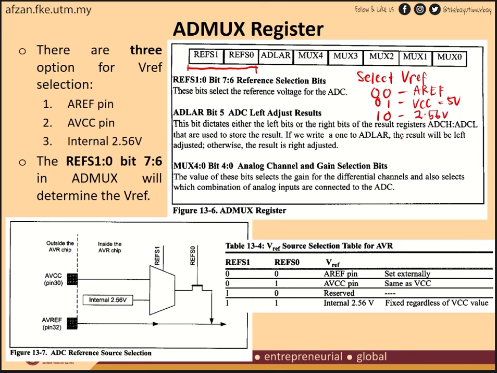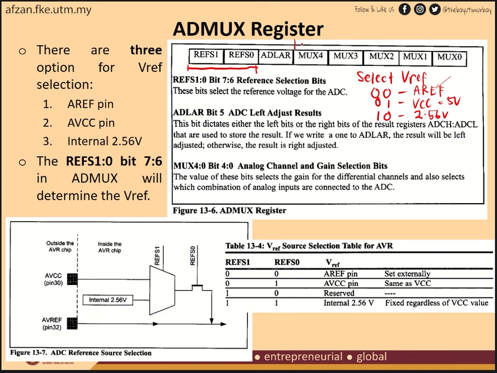This is fixed, regardless of your VCC value. The VCC one depends on the VCC value. If you put 10 volt, this one becomes 10 volt. Same with this: if you apply 10 volt to AREF and you select VREF as 00, coming from AREF, then the VREF will be 10 volt. Okay, so these are the first 2 bits that you need to know.